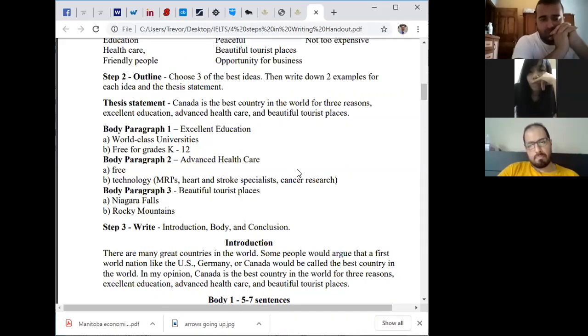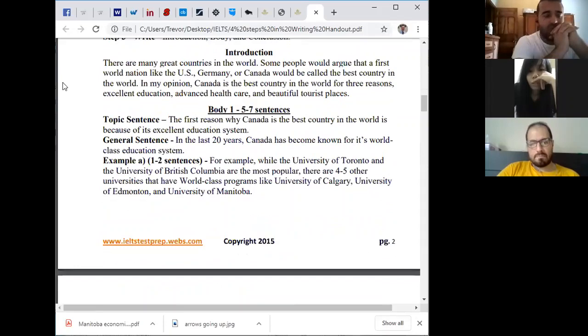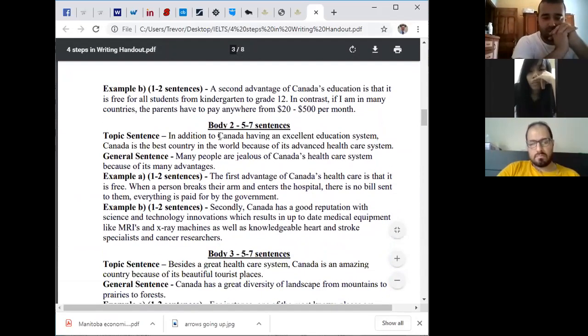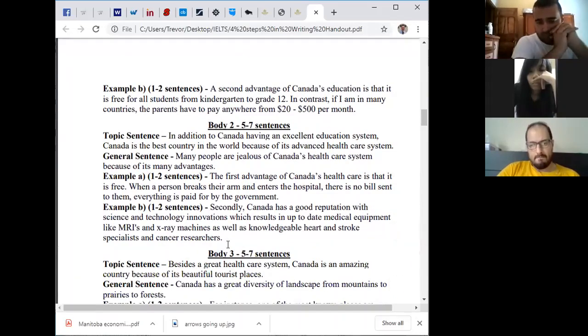It's hard to answer because it depends on the topic, how familiar you are with it, and how you can get different ideas to expand it. If you make each section even, you'll see when I'm writing mine, I have topic sentence, general, example A, example B. Next body paragraph, topic sentence, general, example A, example B. I'm very consistent because that looks better.